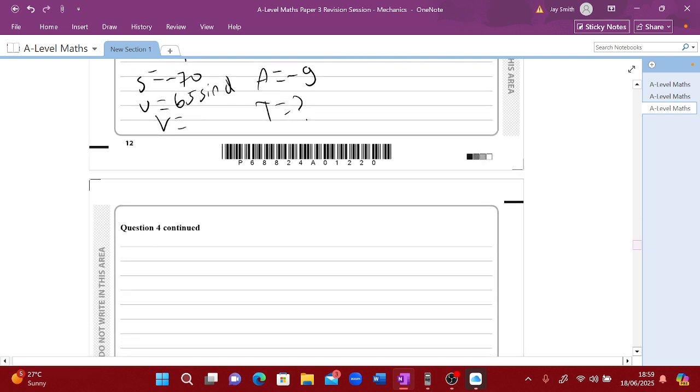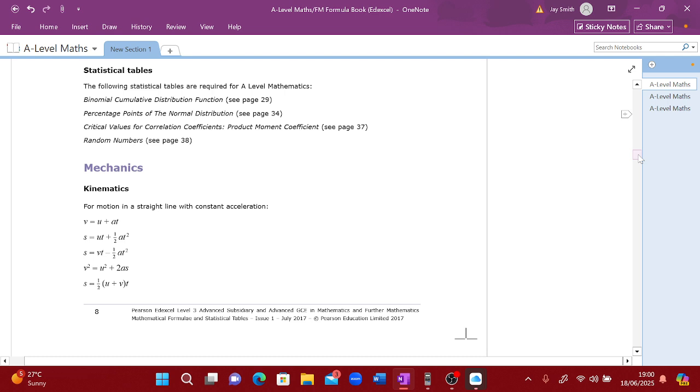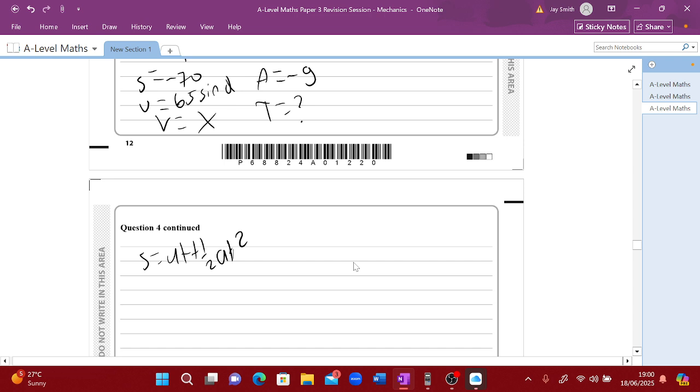So again, we want the Suvat equation without V. We don't care about V. And that's going to be, again, s equals ut plus a half at squared. Again, check the formula book. There we are. And so plug our values in.